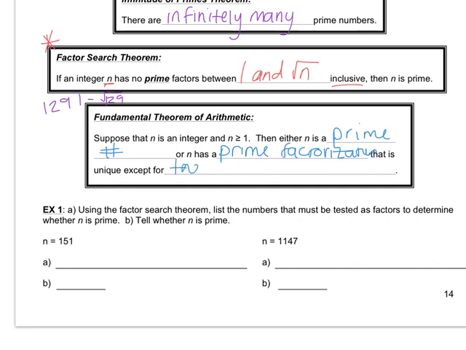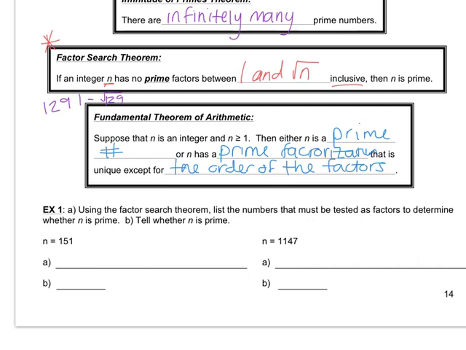And I'll show you what I mean. So every number greater than 1 is either prime, or you can factor it into its prime factors, and that factorization is unique to that number, except for the order of the factors, and I'll show you in a couple examples on the next page.